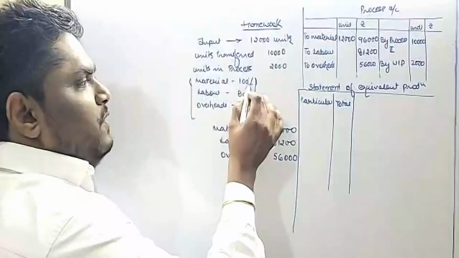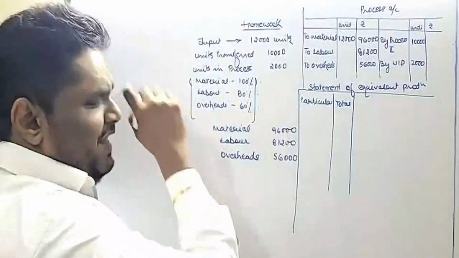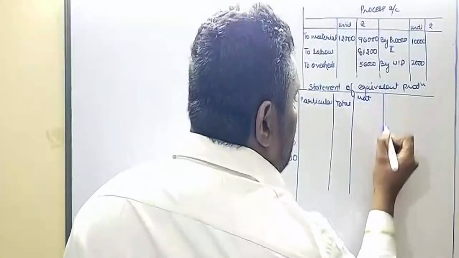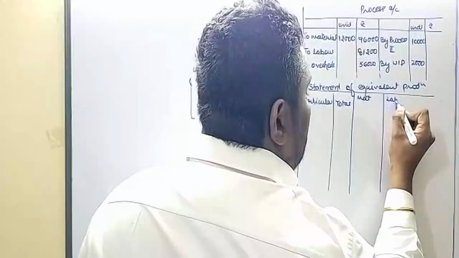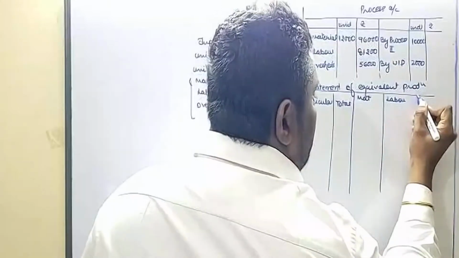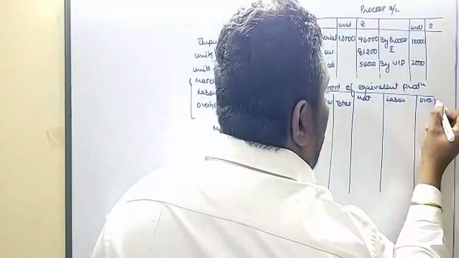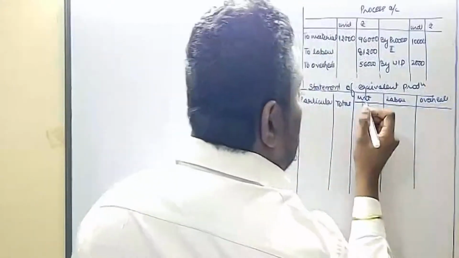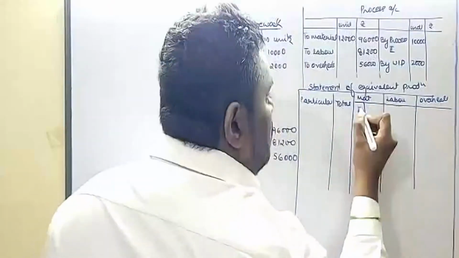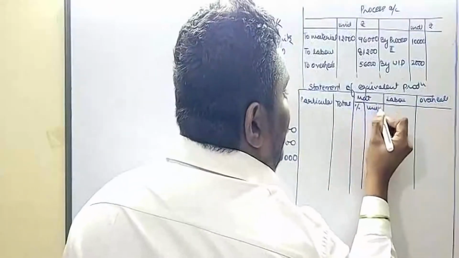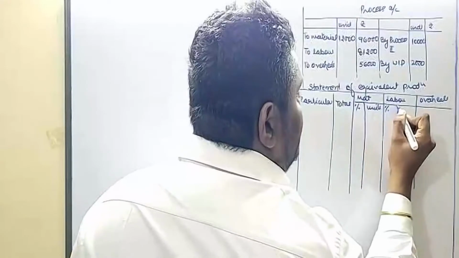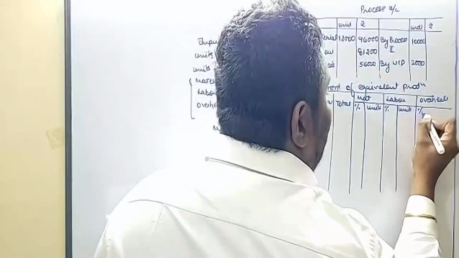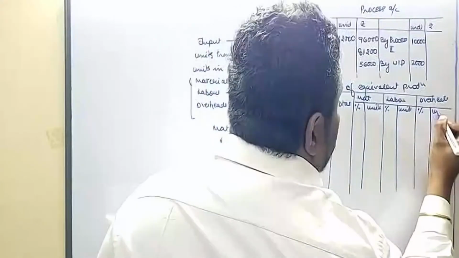Now, since the percentage of completion of material, labor and overhead, everything is different, so three columns will be prepared: material, labor and overheads. Each with the percentage of completion and units.